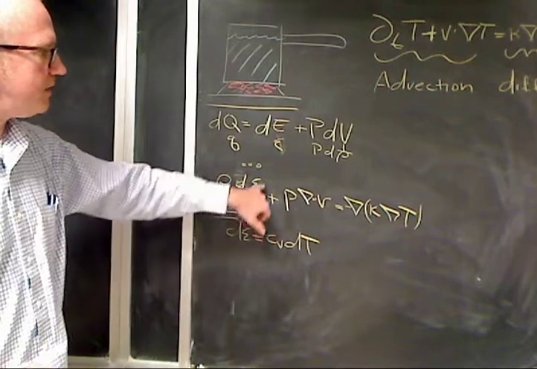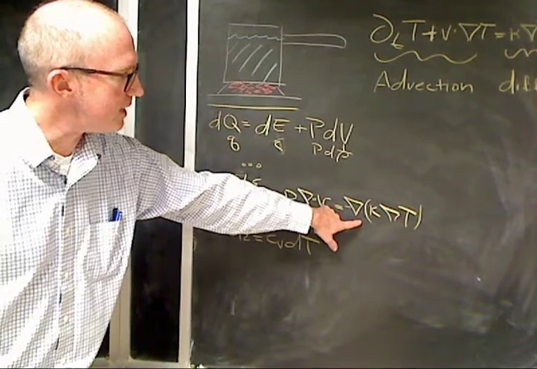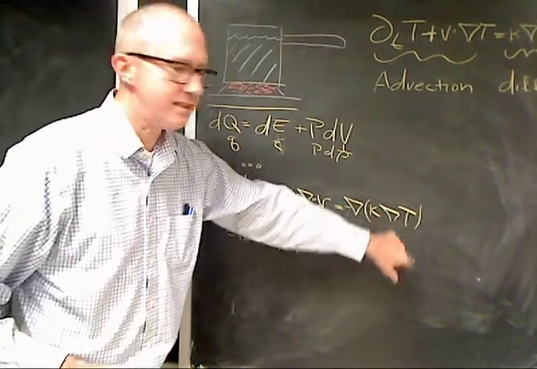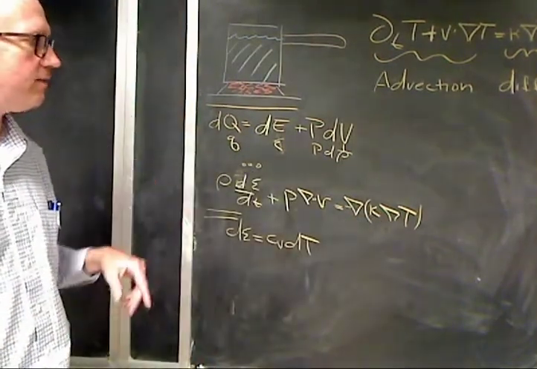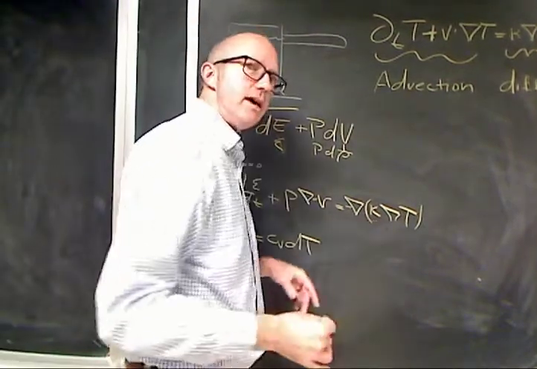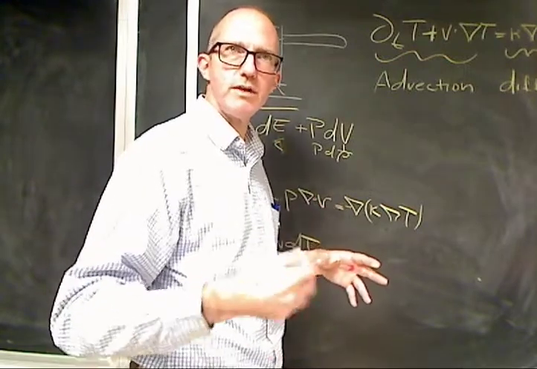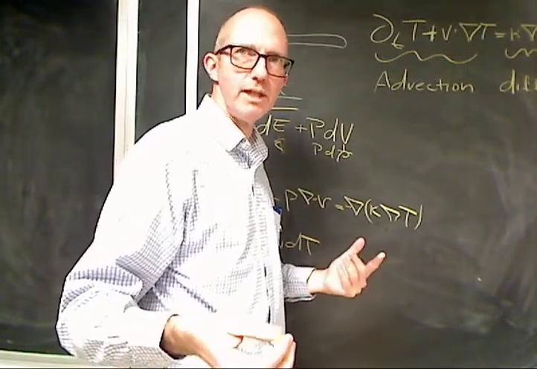So if we drop this in here and use a little bit more thermodynamics, the other part is this side here. So I've got this grad K grad T, and this is how we derived it in the first place. If K is the conductivity, so this is how much heat flows through a surface area per unit time, per unit length.